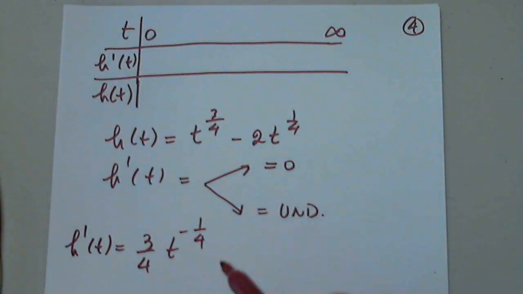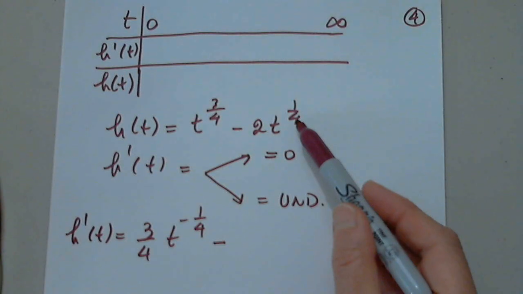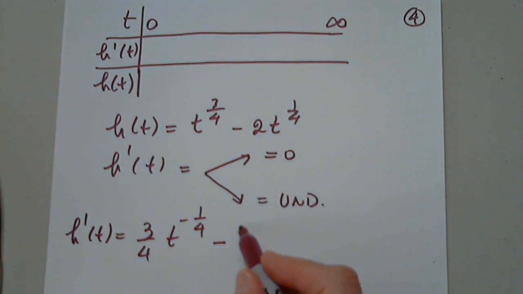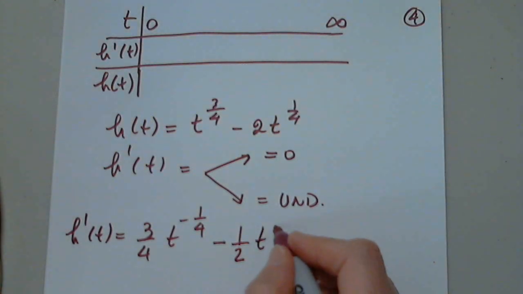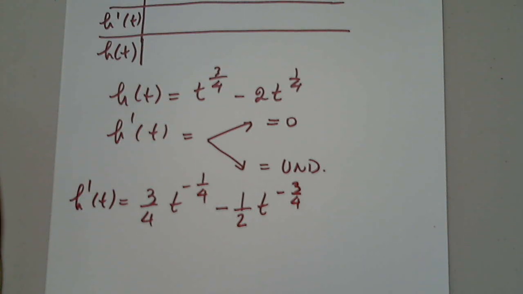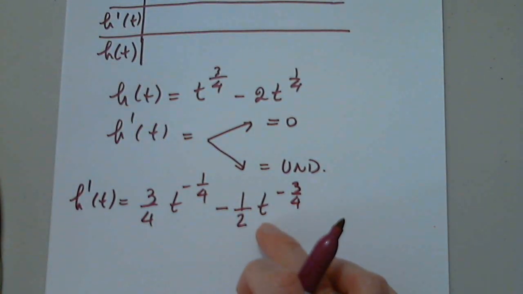And then minus 2 times a quarter, 1/2 t to the negative 3/4. Yes. Okay. Now, remember, these will go to the denominator.